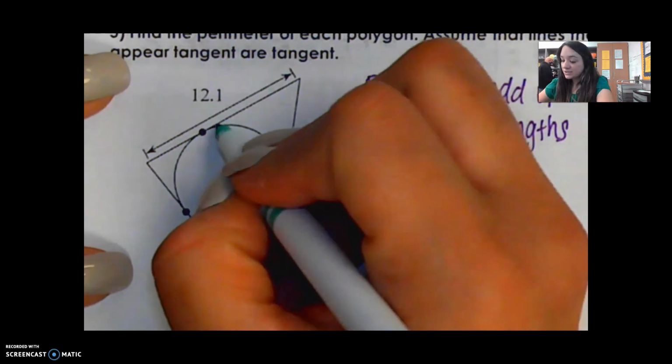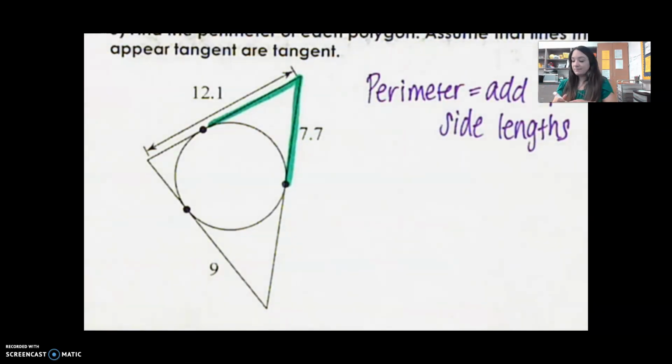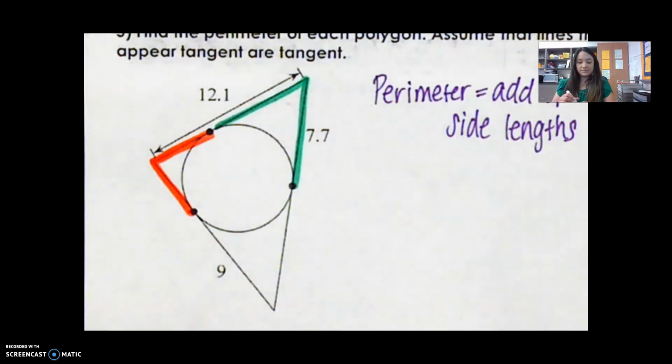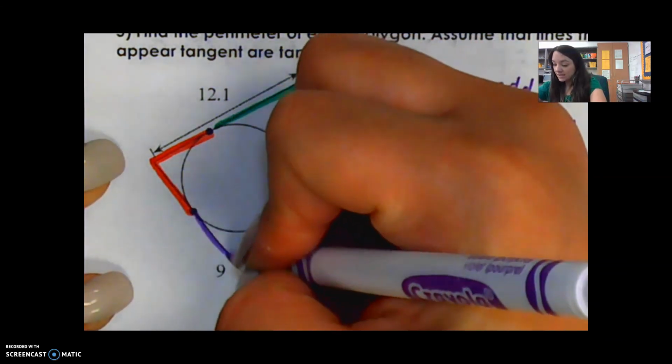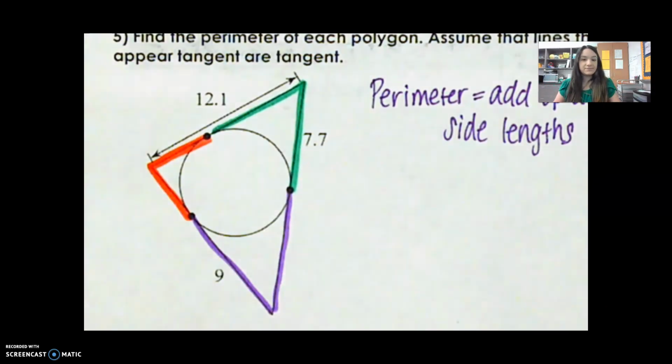I know that these two share the same endpoint, so I'll color those green. I know that these two share the same endpoint, so those are congruent to each other. And then I know that these two share the same endpoint. They are congruent to each other.